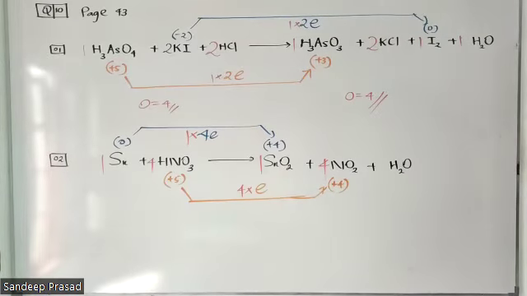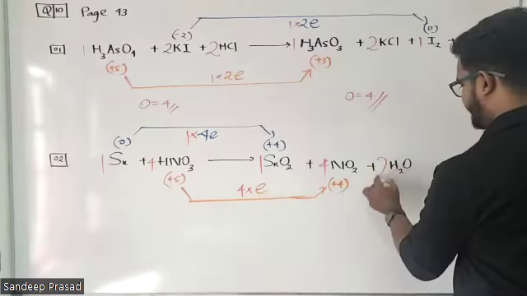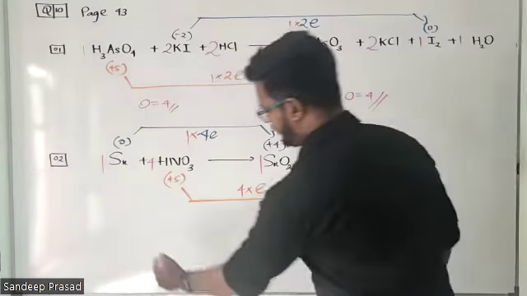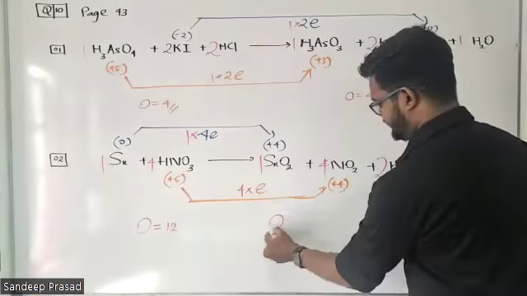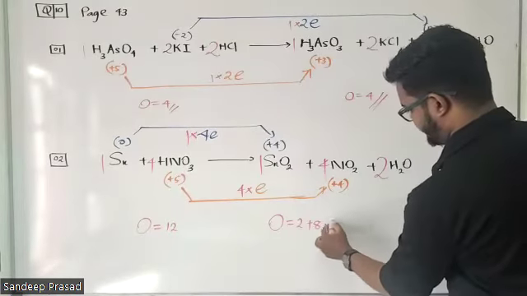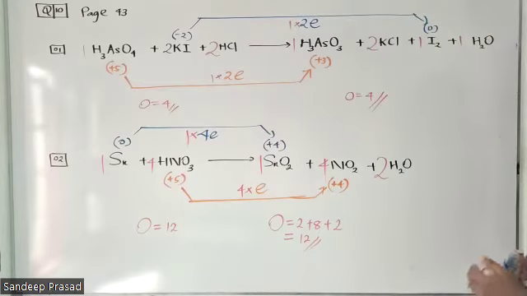Got it? As you can see here, how many hydrogens are there? 4. Therefore, let me put here 2. When you count the total oxygen atoms, 4 into 3 is 12. Here we can see 2 plus 8 plus 2. Very, very easy.